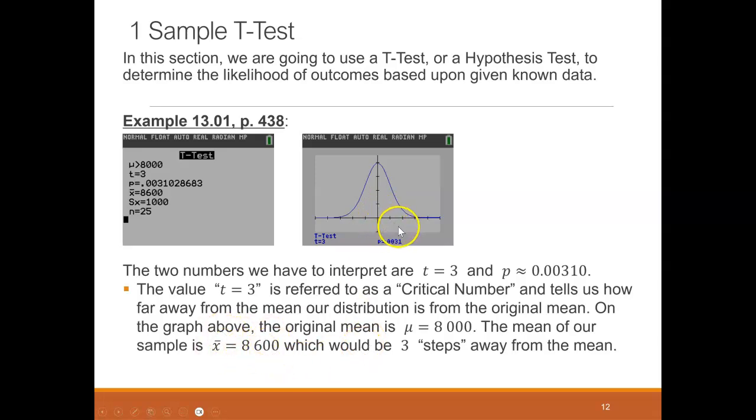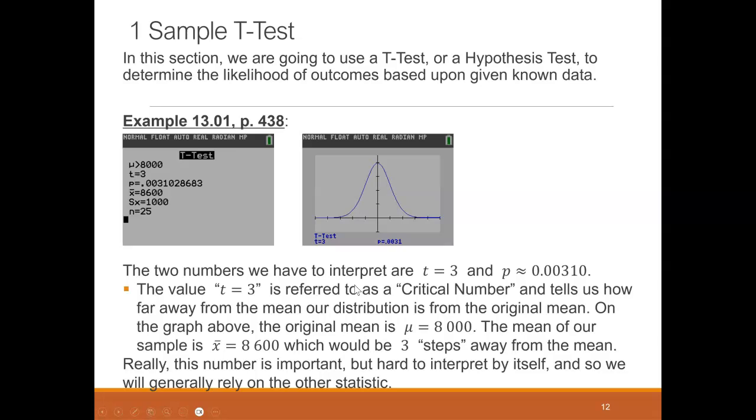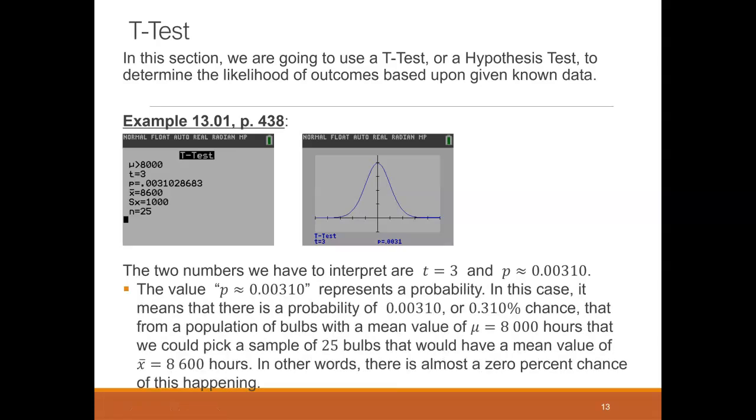So like 1, 2, 3 steps away is where the 8,600 is. Which is fine, but the number I really care about is the p. The p is the probability. Basically what this is saying is that's the probability of getting the same sample from the old light bulbs.